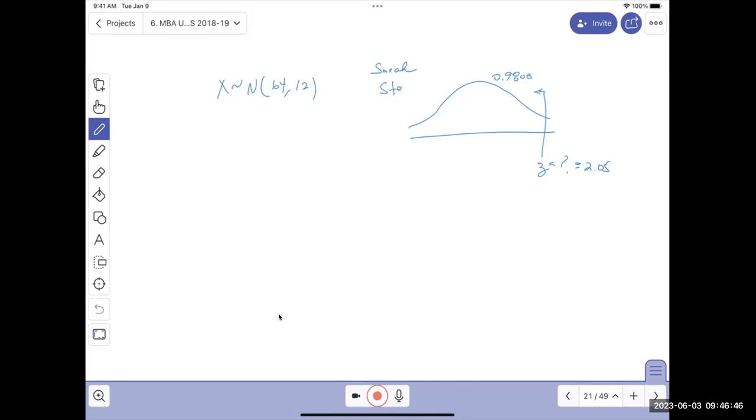So this is step 1 of the backward problem. Is everybody okay with my selection of 2.05?